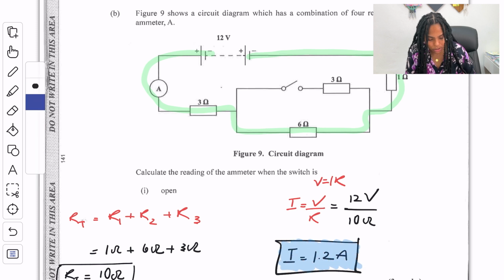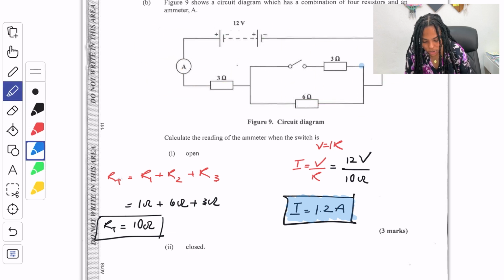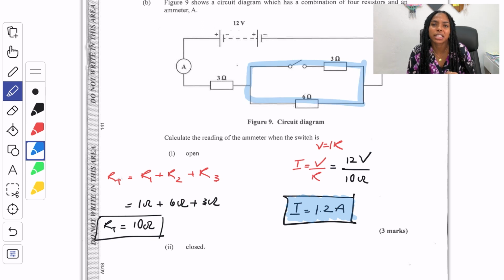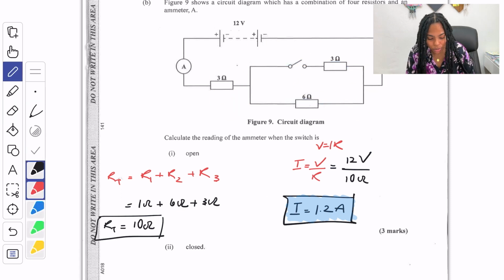Then for part 2, they're saying what about when the switch is closed? So when the switch is closed, technically these two are in parallel, so we have to work out both of them in parallel and then add that on to everything else. So in parallel, because it's only 2, I could use product over sum, or I could use 1 over RT is equal to 1 over R1 plus 1 over R2.